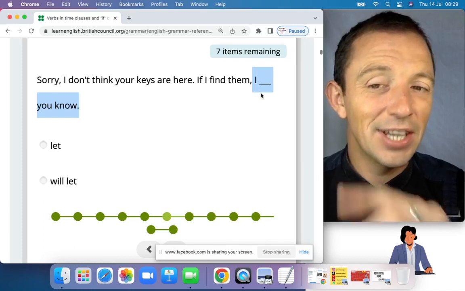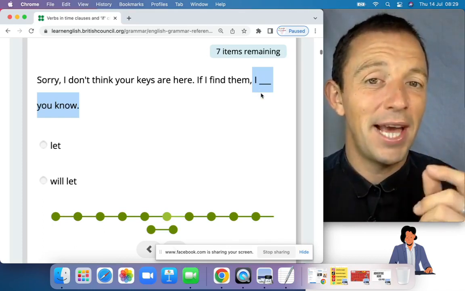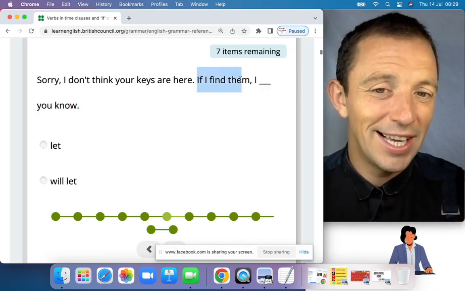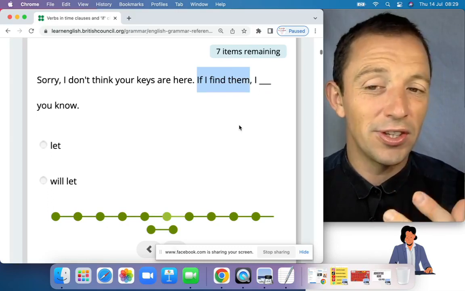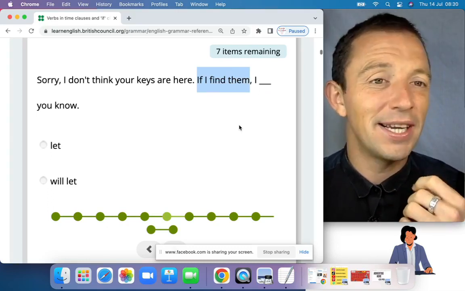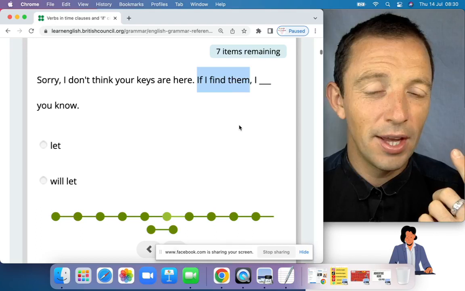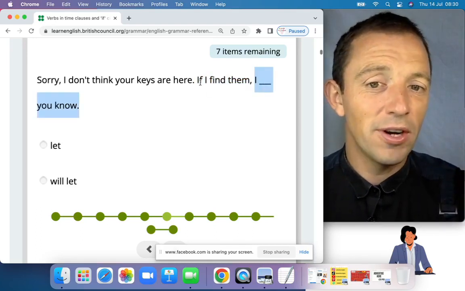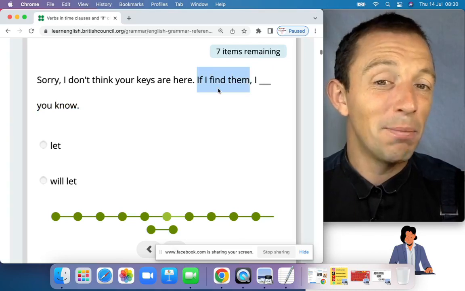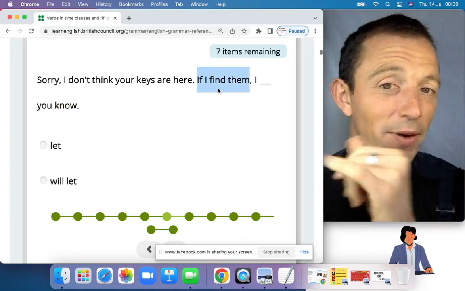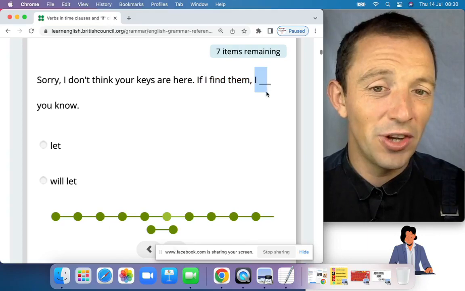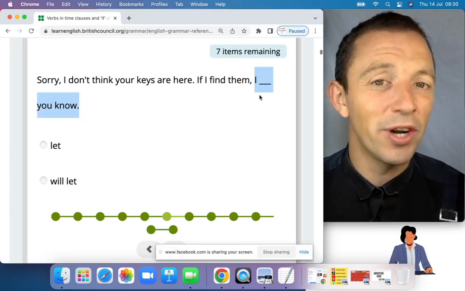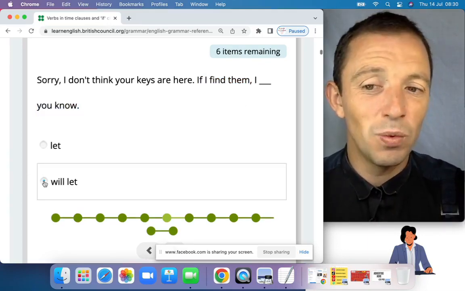So the second clause is the principal clause and the main clause, but the first clause is the conditional clause, and we are speaking about the future. Therefore, the conditional clause needs to be in the present tense to express the future, and that's correct. Therefore, the first clause, the main clause, needs to be in the ordinary future. I will let you know.